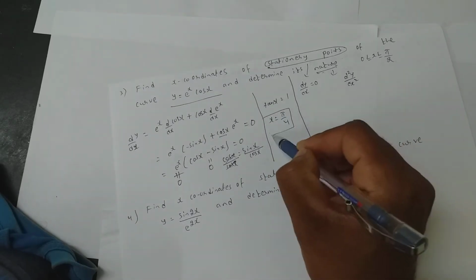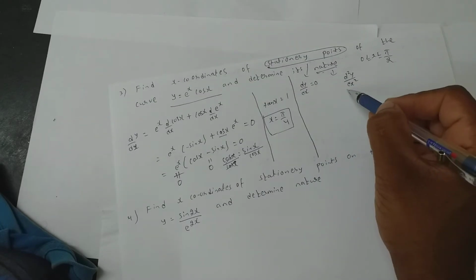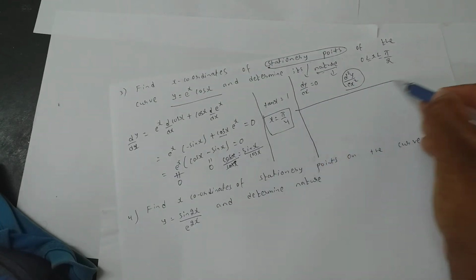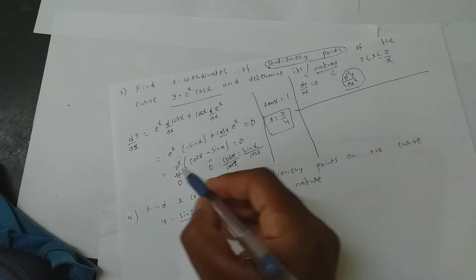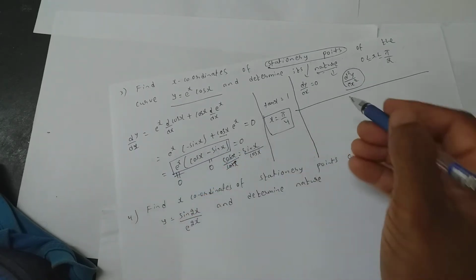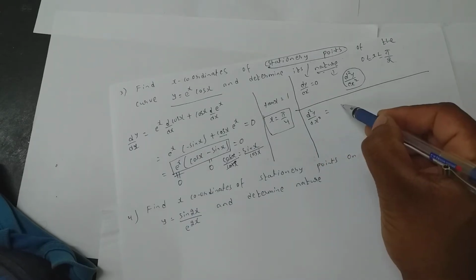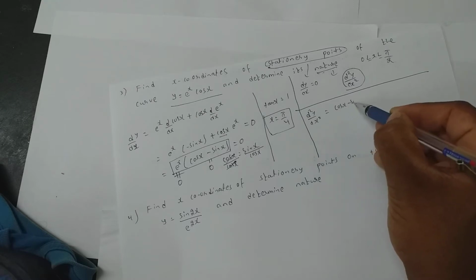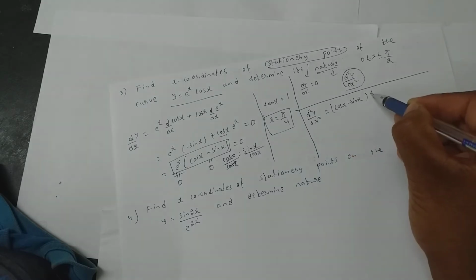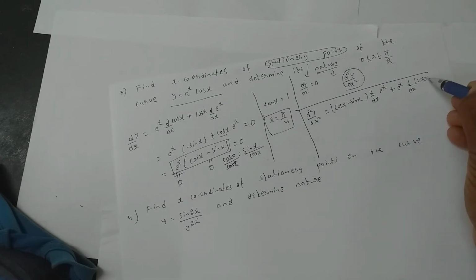So I found the values of x where dy by dx equal to 0. Now to determine the nature I need this one. To get d square y by dx square I will differentiate this one. Again product rule should be applied. So d square y by dx square equal to product rule. If I apply, cos x minus sin x, you write as it is, into d by dx of e power x plus e power x into d by dx of cos x minus sin x.